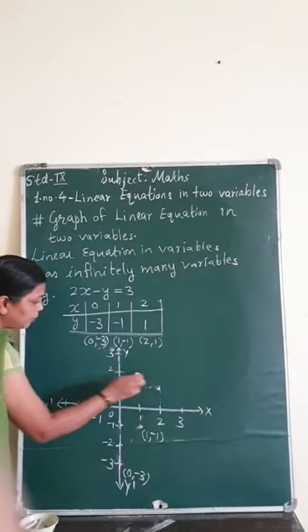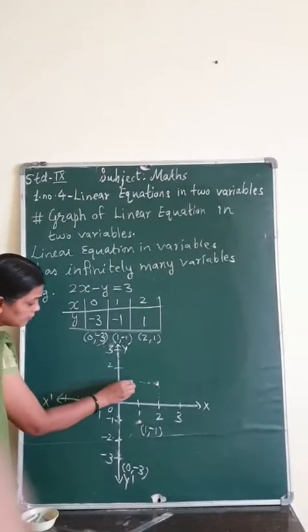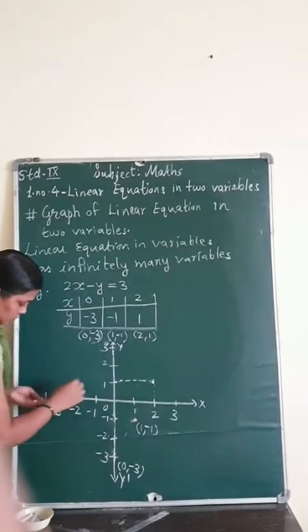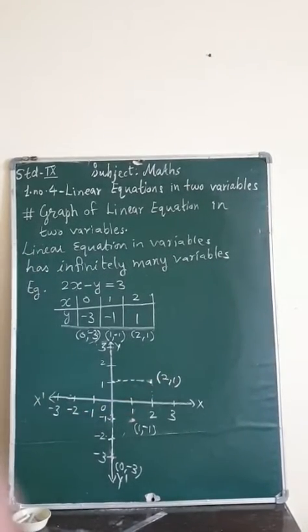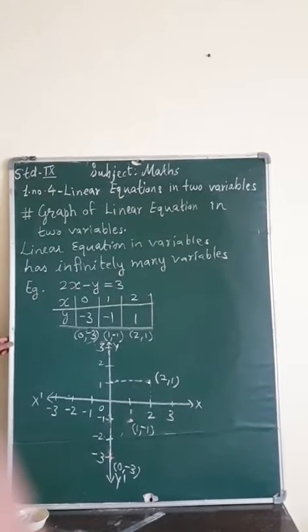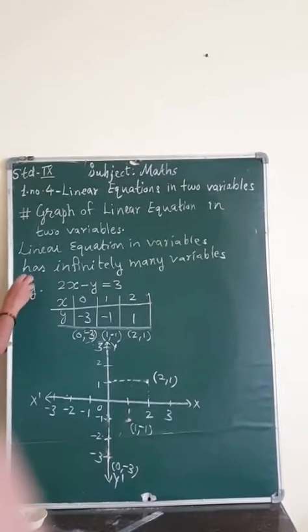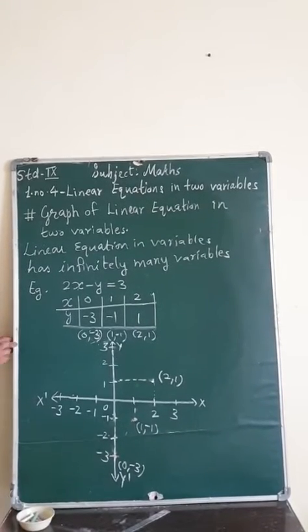This is how we get the point (2, 1). For drawing this type of graph, you have to use graph paper. The questions based on this exercise you have to solve on graph paper.